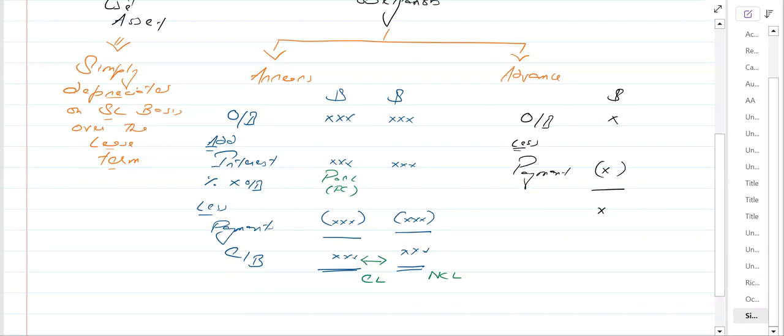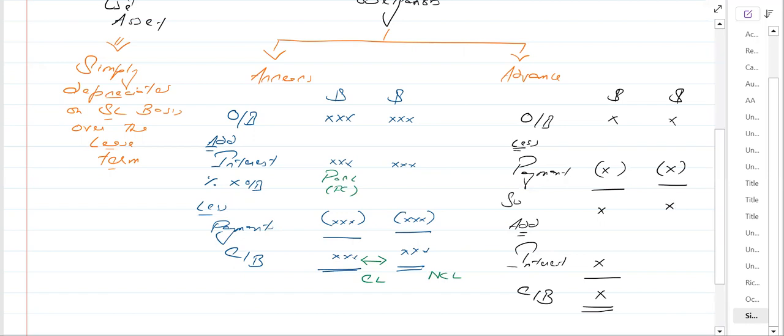And then you apply the interest. And this is the closing balance. Again, it becomes the opening balance of the next year, then deducting the same payment. This is the subtotal.